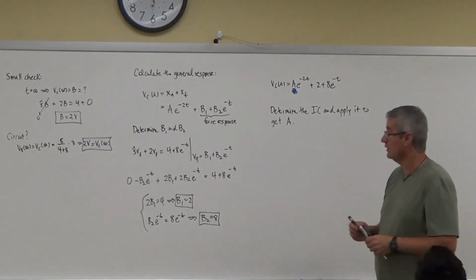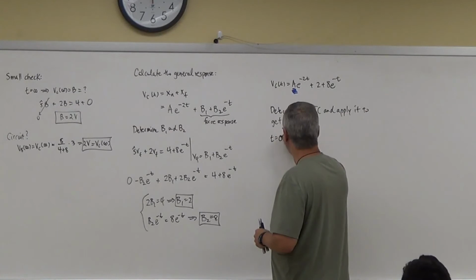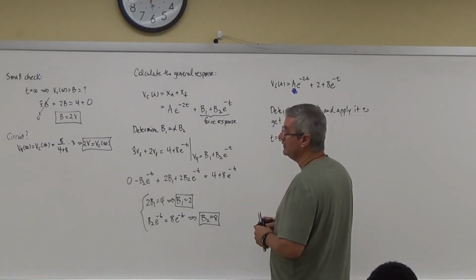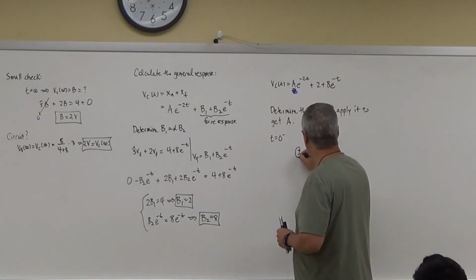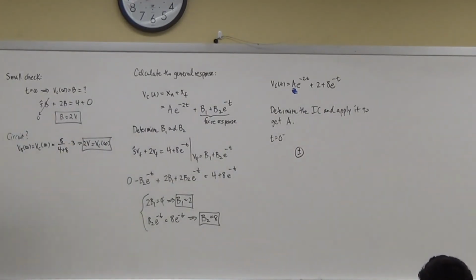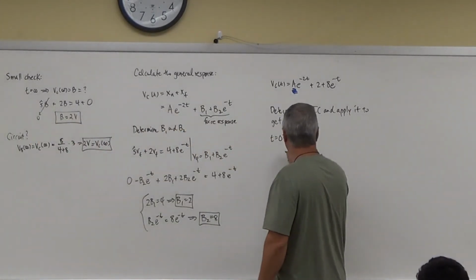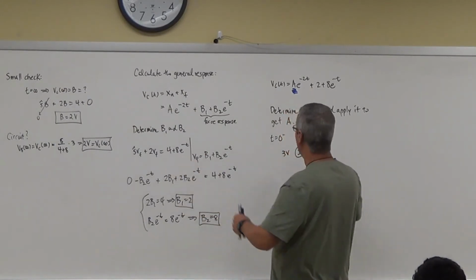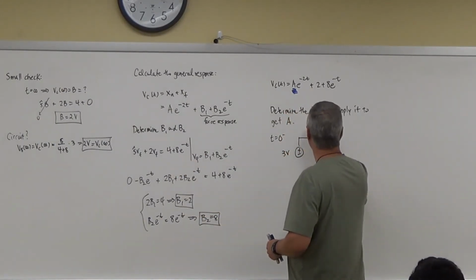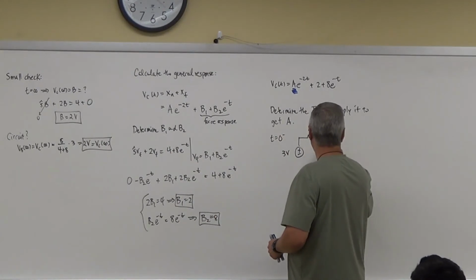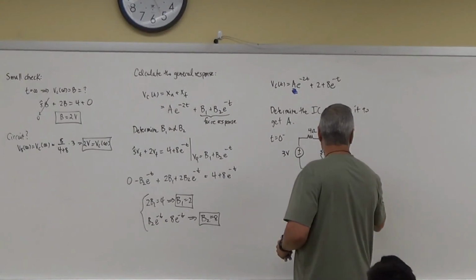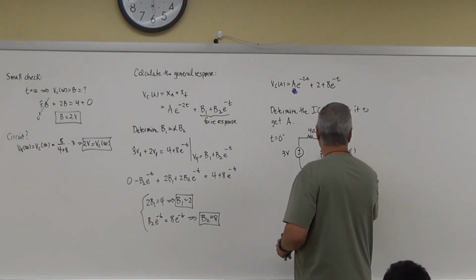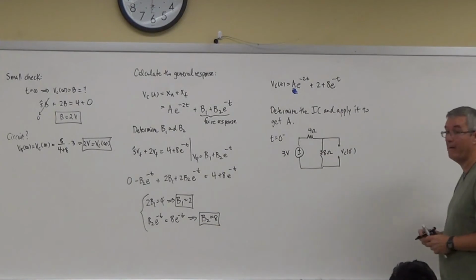But here we go. So now I'm going to look at t equal to 0 minus. At t equal to 0 minus, I'm going to redraw my circuit here. I got to be careful here because remember, at t equals 0 minus, it's 3 volts. So now I have 3 volts, and then I have a 4 ohm, an 8 ohm, and then I have VC of 0 minus.